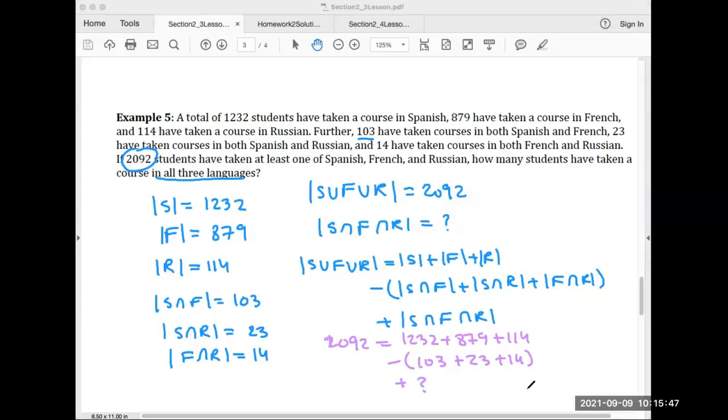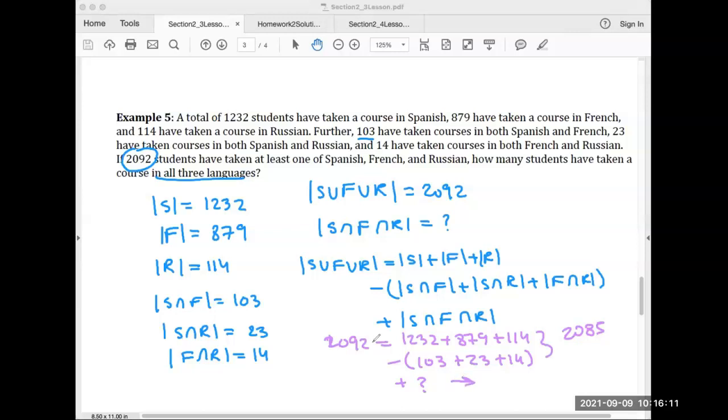So do the math. We have 1232 plus 879 plus 114 minus the things in parentheses, 103 and 23 and 14. This gives me 2085 here.